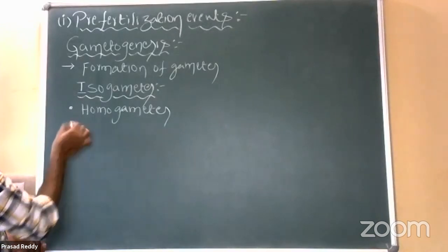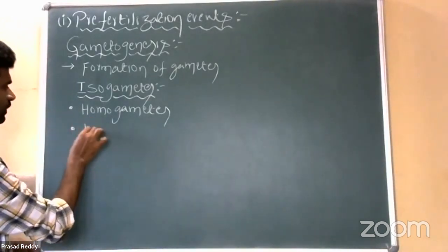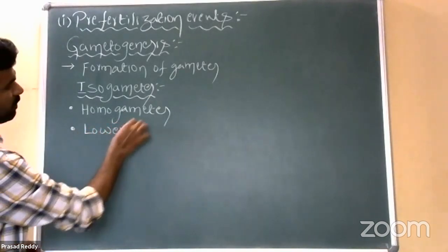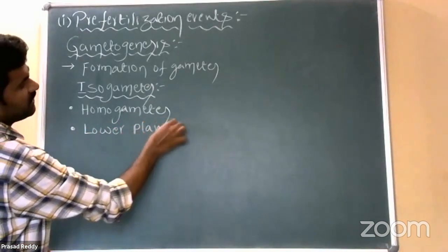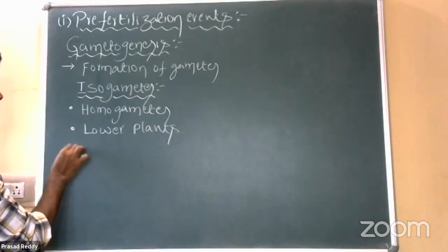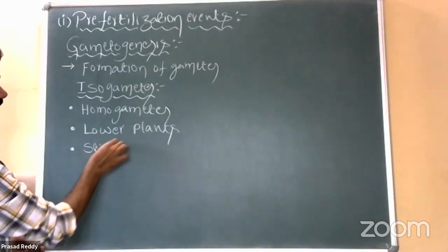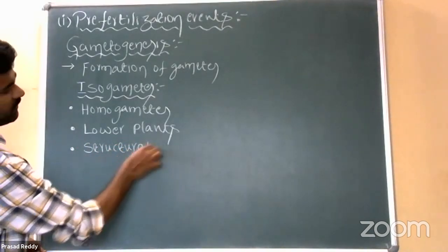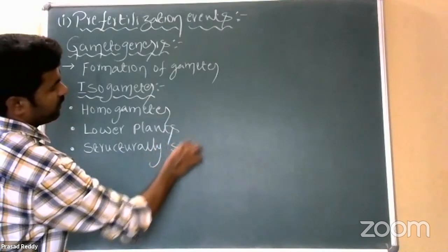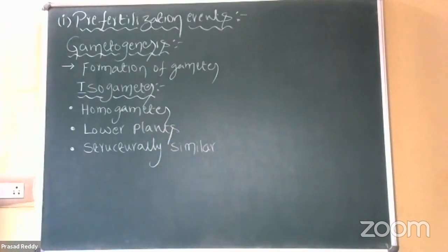These homogametes are observed in lower plants, especially algal members. These isogametes are structurally similar in size.